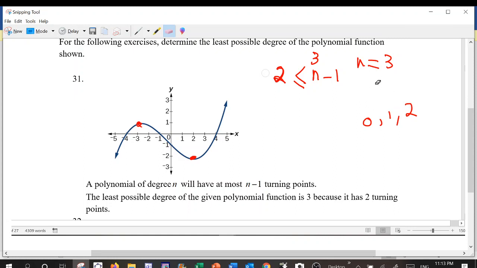Now, let's look at another piece of information here, and that is what? That is the three roots, or zeros, or the x-intercepts.